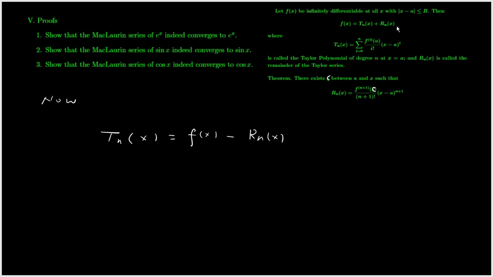And then we want to take the limit as n goes to infinity. We want to take the limit of the partial sum sequence. This thing equals the limit as n goes to infinity of the difference between two functions.